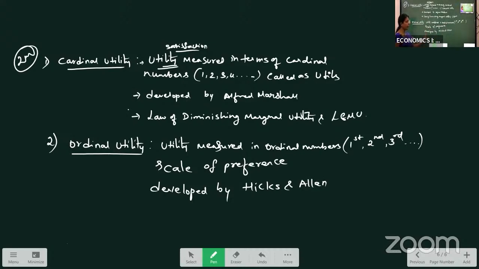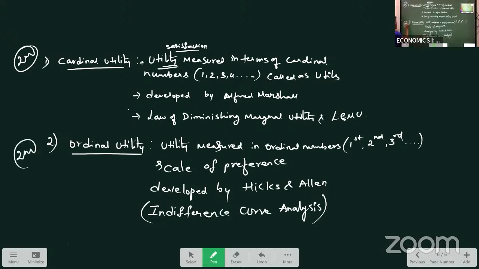This ordinal approach was developed by Hicks and Allen, modern economists, and it is used to explain consumer behavior by using indifference curve analysis. So based on ordinal utility, how we measure consumer behavior is explained in indifference curve analysis. These are the points you will write for your ordinal utility. Again, this is for your 2 marks question.